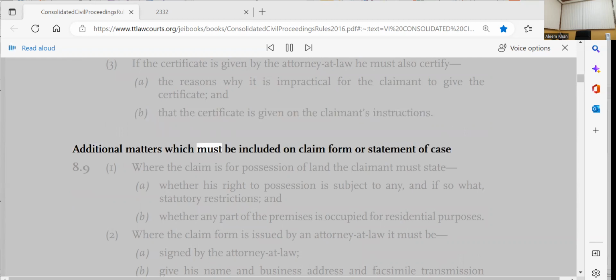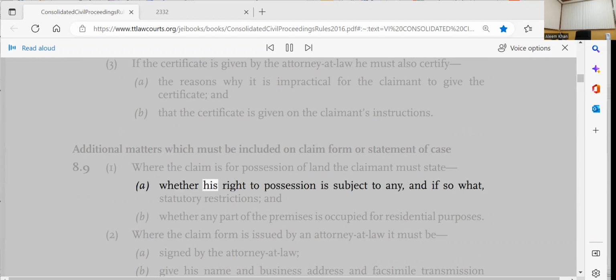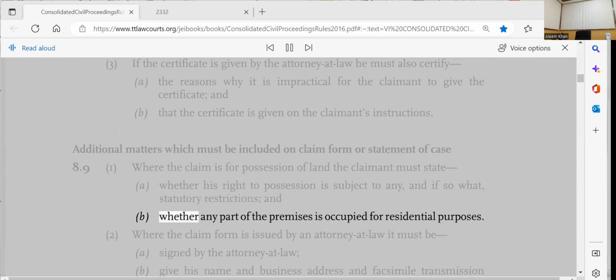Additional matters which must be included on claim form or statement of case. 8.9. 1. Where the claim is for possession of land, the claimant must state a. whether his right to possession is subject to any, and if so what, statutory restrictions, and b. whether any part of the premises is occupied for residential purposes. 2.